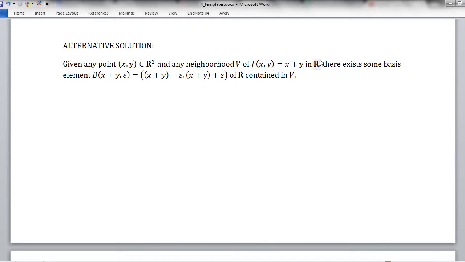So this is a neighborhood in the real numbers, and the basis for the real numbers are the open balls, which are the same thing as the open intervals. So if V is open, then we know there exists some basis element, the ball about the number x plus y of radius epsilon, which we can also write as x plus y minus epsilon up to x plus y plus epsilon. There exists some such basis element of the real numbers which is contained in this open set.